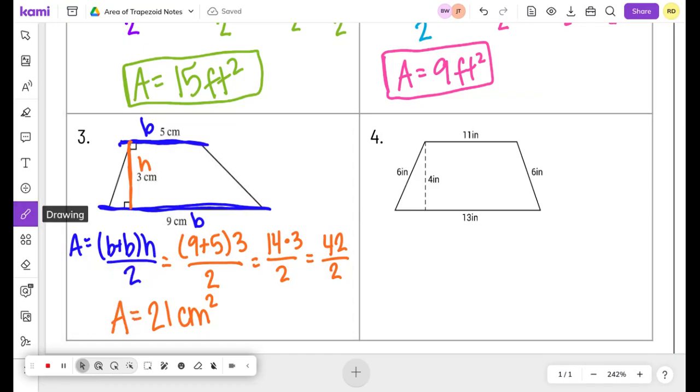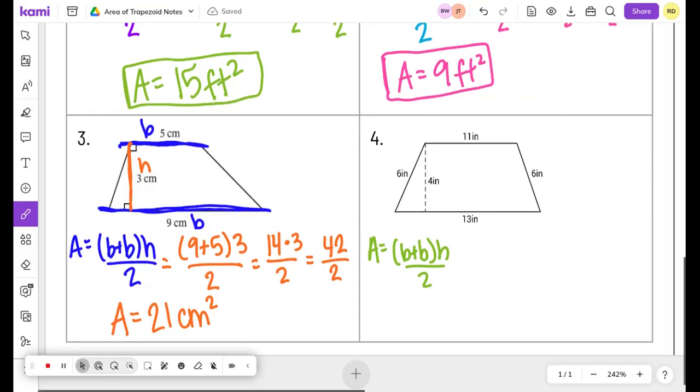And our last trapezoid, still using the same formula, base plus base times height divided by 2. This one gives us extra numbers. So my first question is, do we use the numbers on slanted lines? The answer is no. So this is a slanted number and this is a slanted number. We don't need those. So I'm going to go ahead and cross them out. They're extra information.